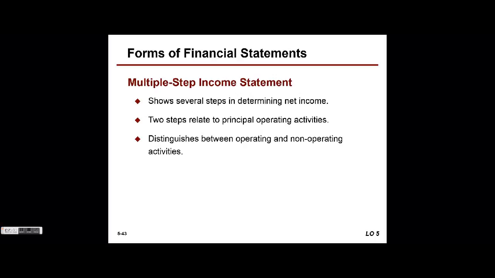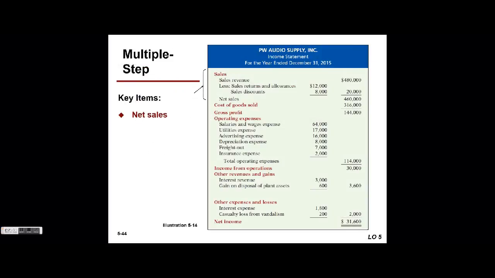Okay, so again, this is just an illustration out of the book. And if we start at the very top and the very bottom, we see headings the same. So a heading of multiple step income statement would actually be incorrect. The heading does not change. And if we jump all the way down to the bottom, we also see net income.